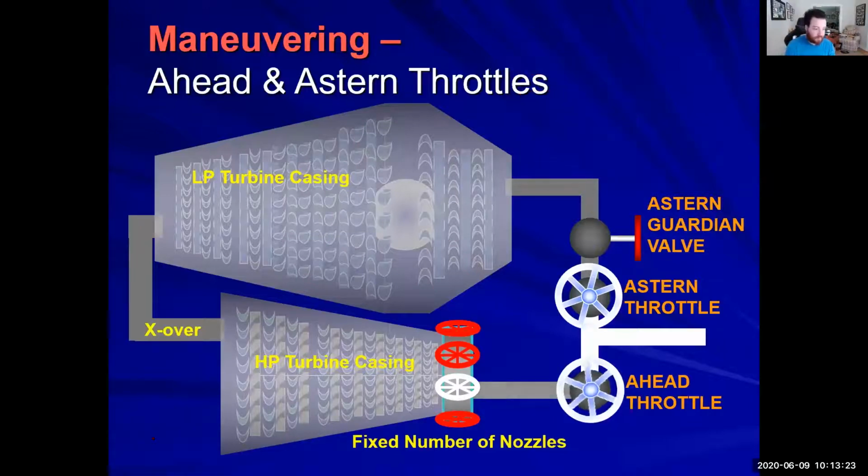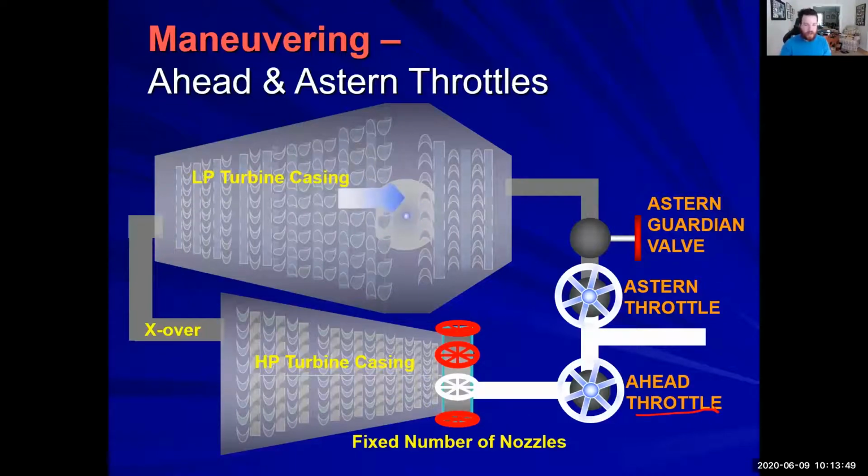So what we have here is basically what's going to be controlling the amount of steam that goes into your HP and LP turbine. So your head throttle is going to, as the name says, throttle the steam. It's not fully open and not fully closed. It's a throttle valve.